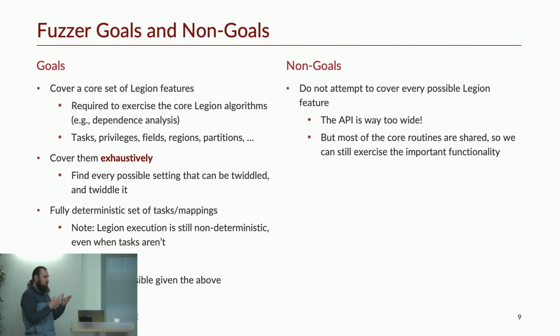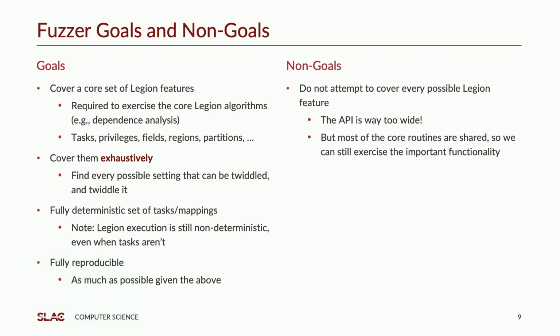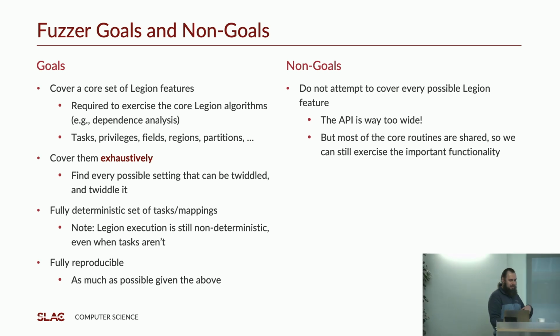But the goal is that if you run this long enough, in principle, it would eventually cover every possible permutation of operations you can run through Legion. The goal is to stress test the runtime. Any obscure bug it might have in some really bizarre corner case that no one would actually encounter, we want to find all those things so that some poor user doesn't encounter them when they happen to fiddle with the sorts of things they're doing.